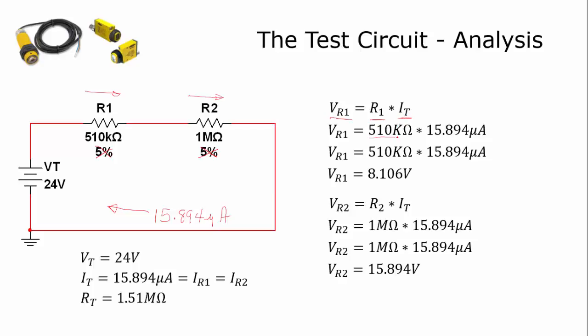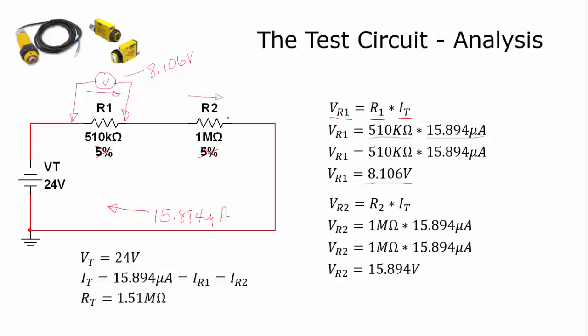So 510 kiloohms times the current through that particular resistor is going to equal 8.106 volts. So if I put a voltmeter across this resistor, I should be measuring on this voltmeter 8.106 volts.